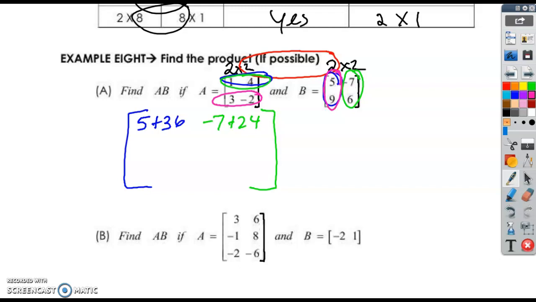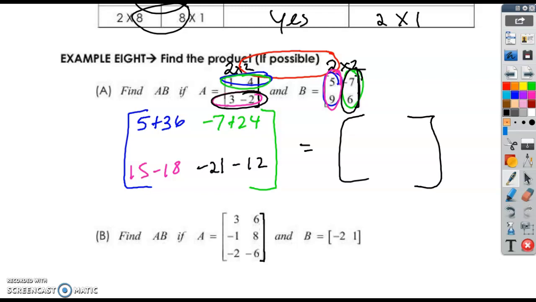So 3 times 5 plus negative 2 times 9. And last but not least, second row, second column, negative 21 minus 12. And then we just add them all up. 41, 17, negative 3, and negative 33.